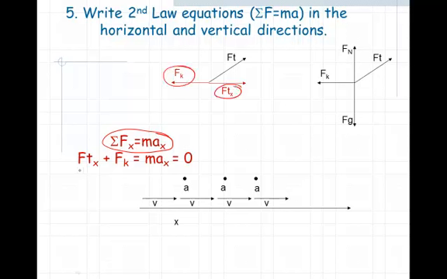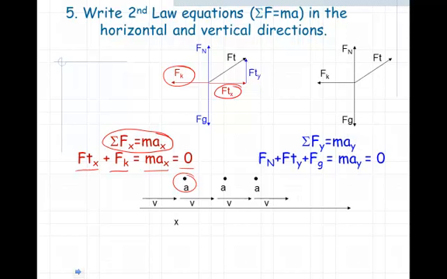So we add those up just like Newton's second law says to do, and we set that sum equal to the mass times acceleration of the block in the horizontal direction. But because the acceleration is 0, we know that this product of the mass and the acceleration in the horizontal will also equal 0.